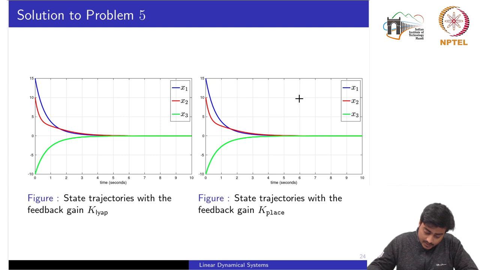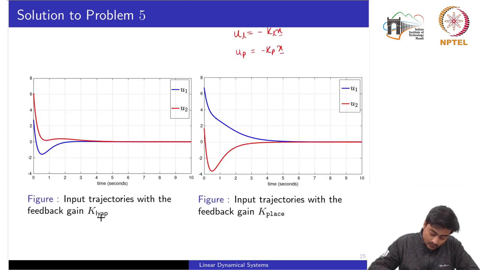So let's see the response of the system by putting these two different state feedbacks in. So one we have the K-Lap and another we have the K-plus. So you would see that we obtain the same state trajectories when we apply these two different state feedback gains. So for the Lyapunov case, we have less control energy.